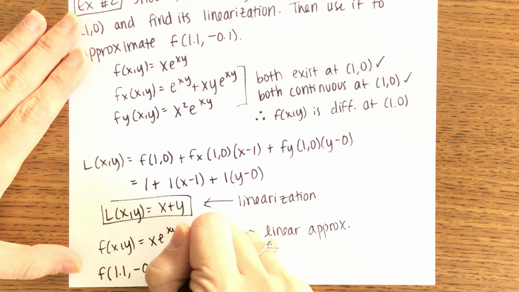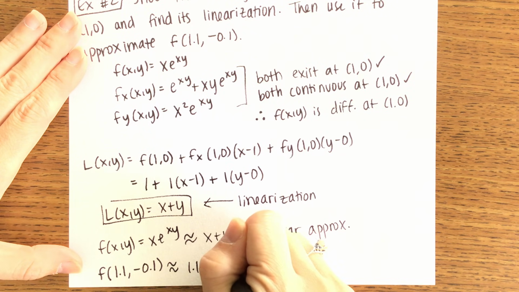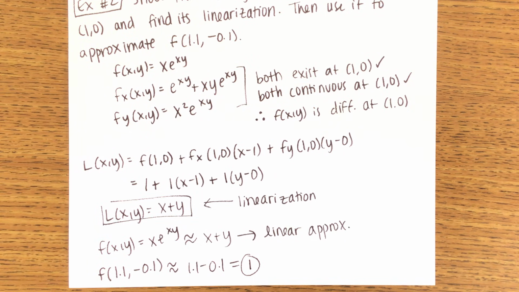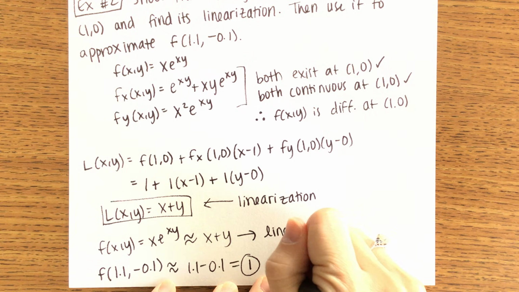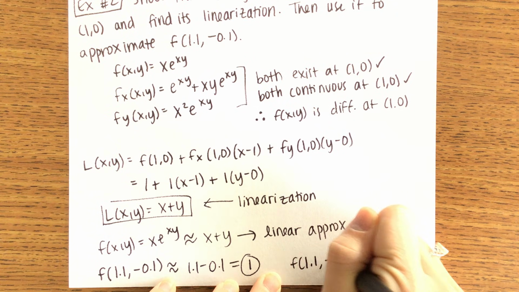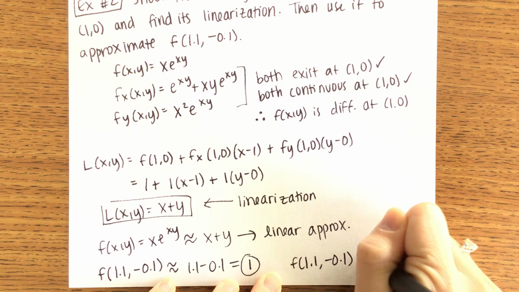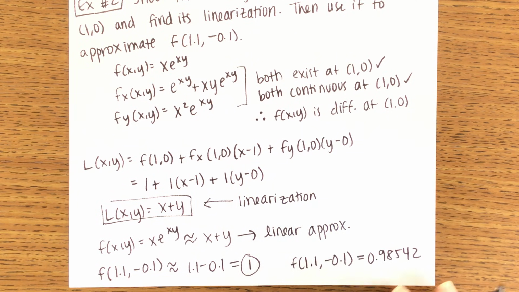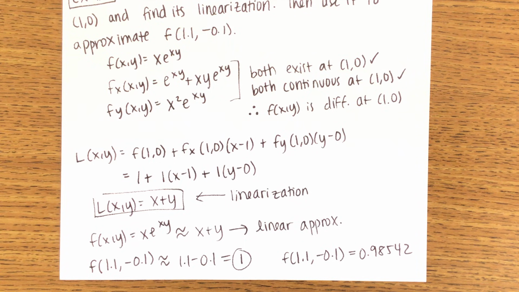Using the approximation, we get 1.1 minus 0.1, so we get an estimate of 1. If you actually plug 1.1 comma negative 0.1 into f, you get 0.98542. I rounded it, but those are the first 5 decimal places.